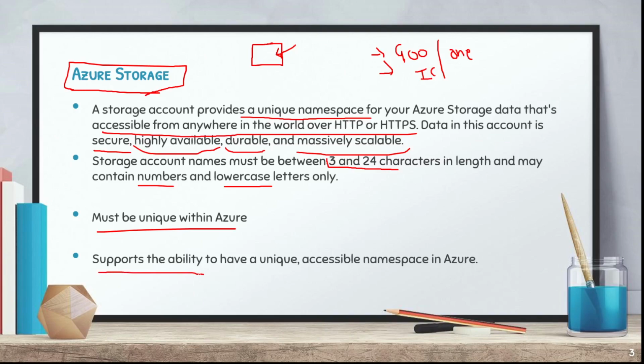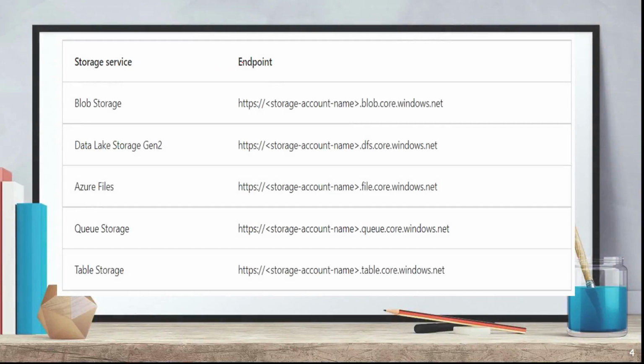Due to this uniqueness feature, we have something called endpoints. In your Azure storage service, you have many features. For example, you can create a blob, use the features of Data Lake Storage, Azure Files, queue storage and table storage. Let's say you name your storage account stdemo, where st stands for storage account.